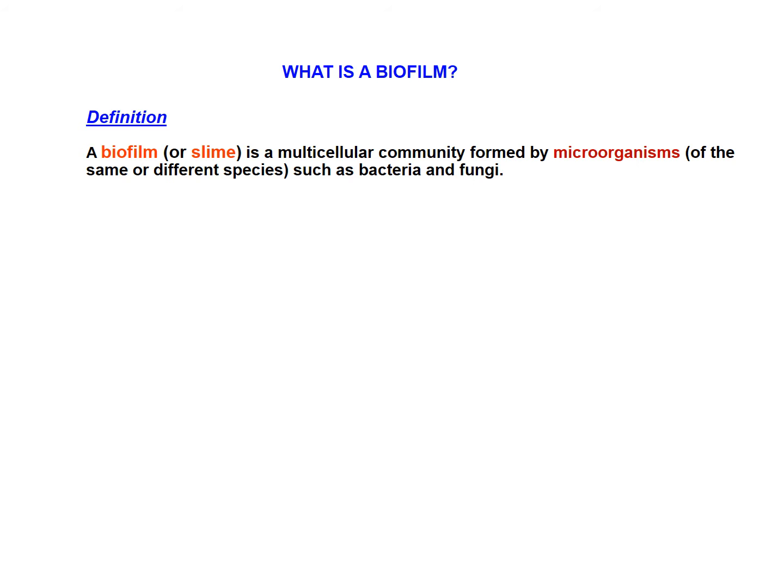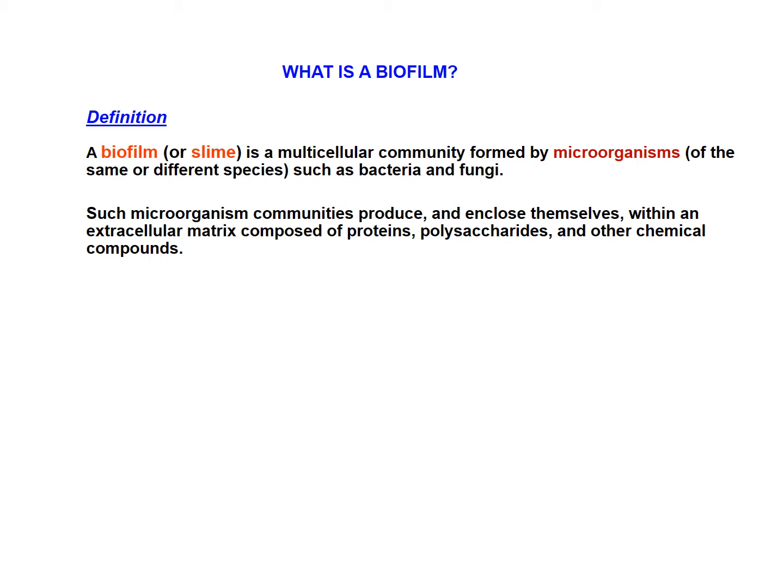A biofilm, sometimes colloquially referred to as slime because that's exactly what it looks like, is a community or a colony which is formed by pathogens, microorganisms such as bacteria and fungi, which multiply. These communities contain sometimes the same or sometimes different types of pathogenic microorganisms.